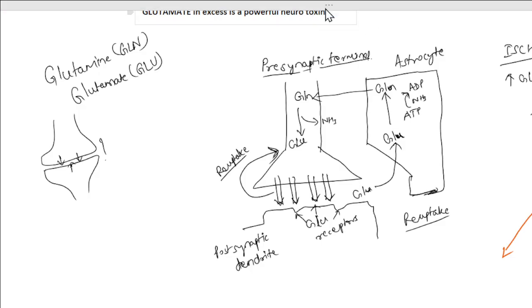So after the depolarization, as you saw, this will cause what?